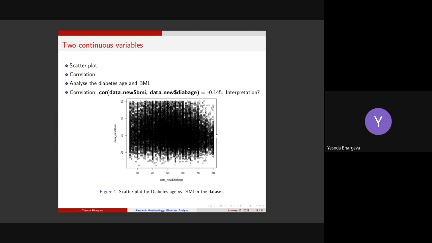Although by your intuition, you might be able to understand what will be the relationship between BMI and the age at which people get diabetic. So graphically, we don't see much because the data points are quite huge and quite dispersed. But if I compute the correlation, it is minus 0.145. So how will you interpret this correlation?